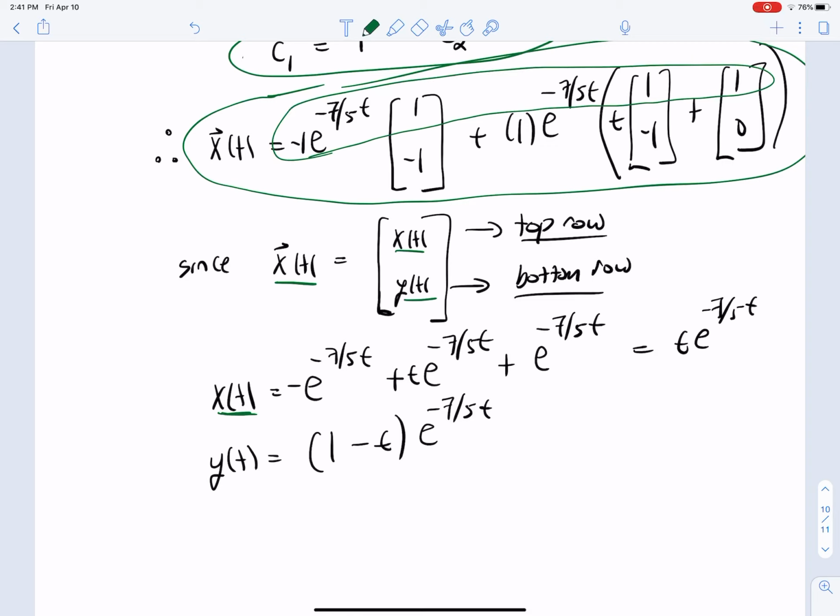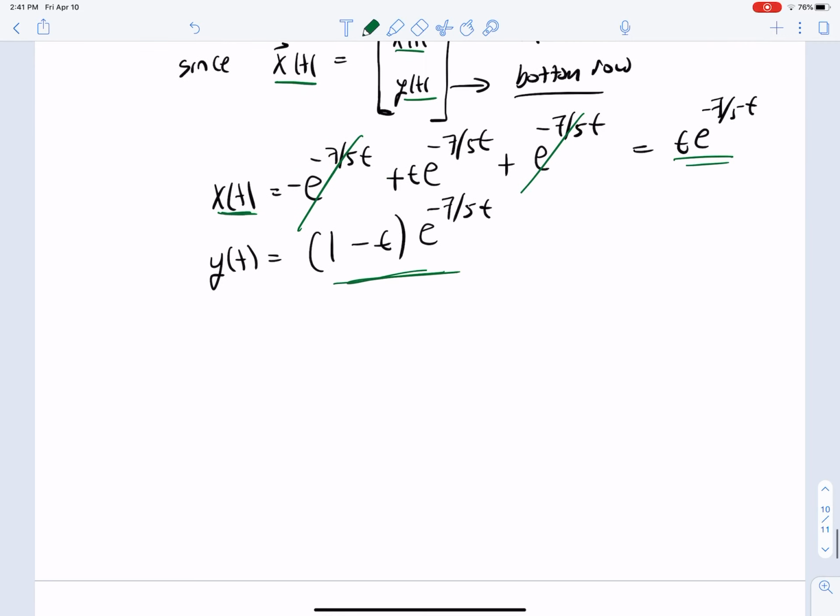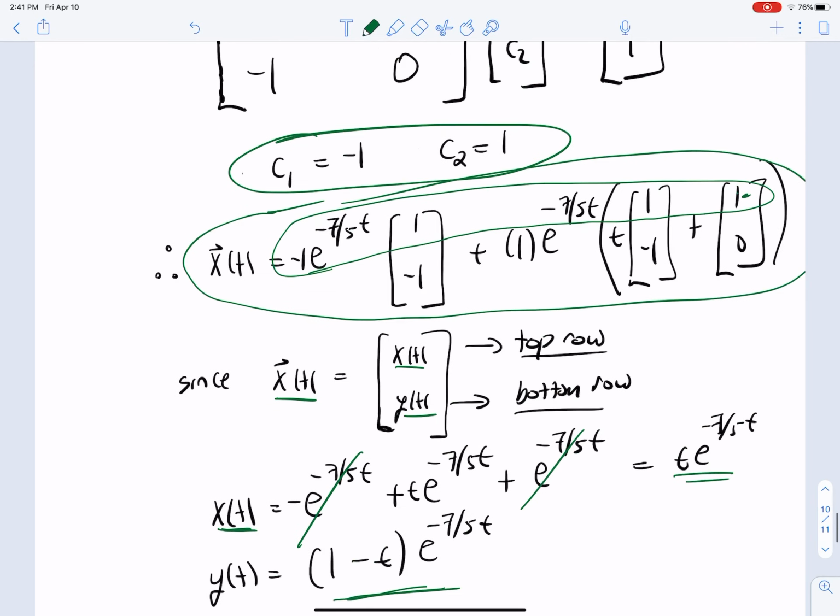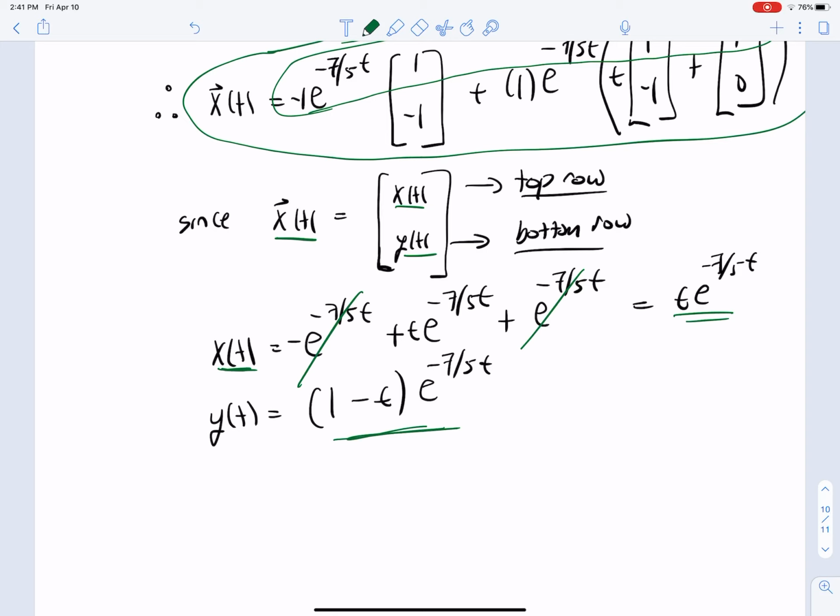So if you extract that out, you get e to the minus 7/5 t times 1 plus t times 1 minus 7/5 plus 1 e to the minus 7/5. You get some cancellations, and I get just t e to the minus 7/5 t. And then on the second row, this is what you get. And so, for this particular choice of constants, that's what you get for the solution.